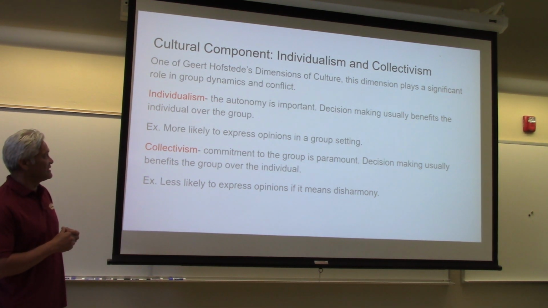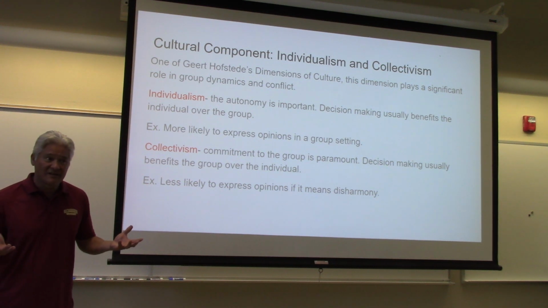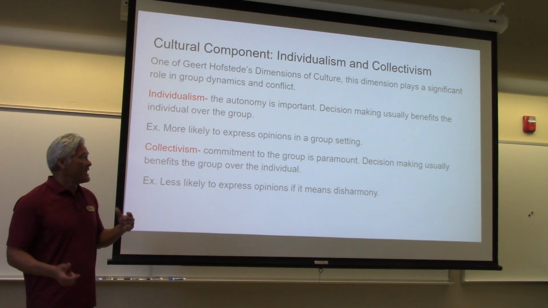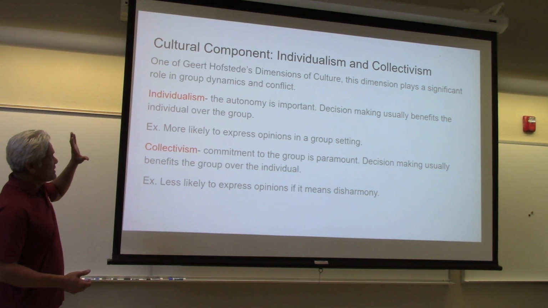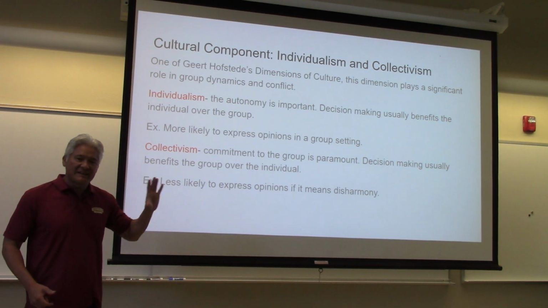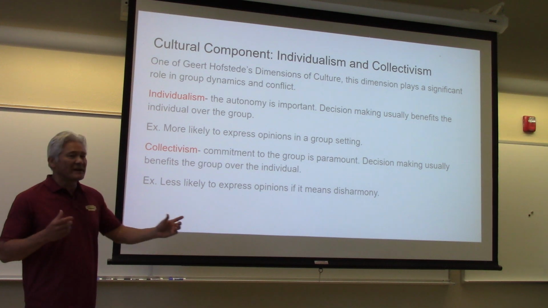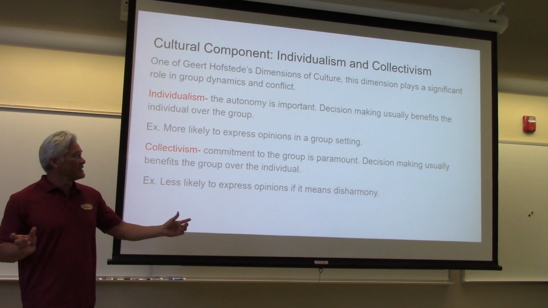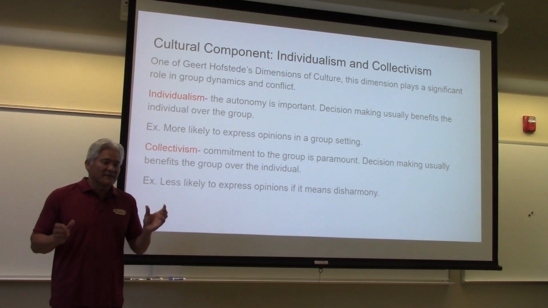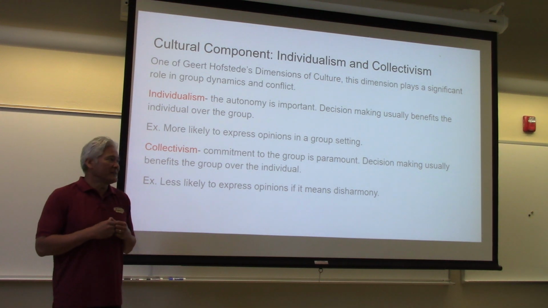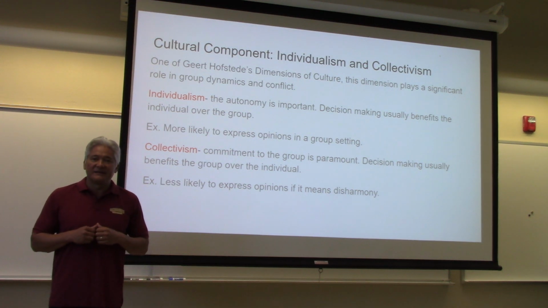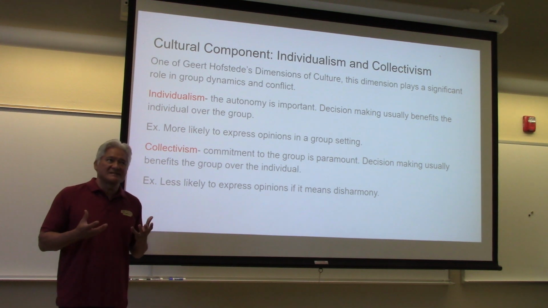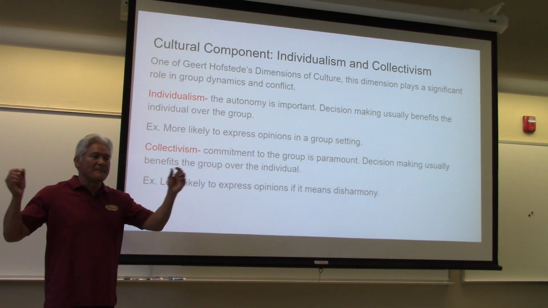There's actually a whole class taught in intercultural communication, and there's probably 2 or 3 pages dedicated to individualism and collectivism. What Geert Hofstede did was study different cultures around the world, and he looks at different dimensions of culture.